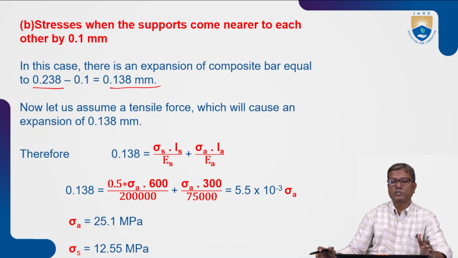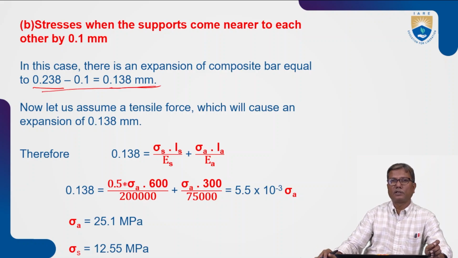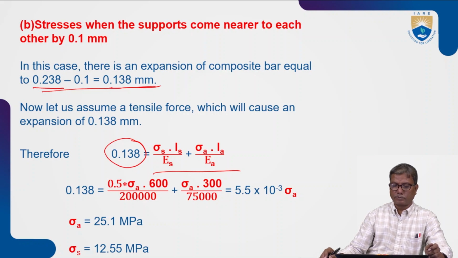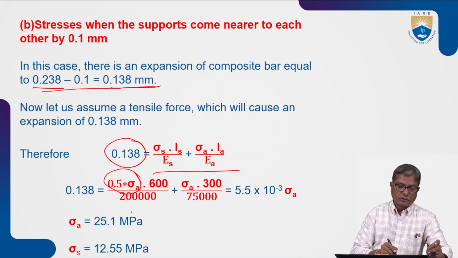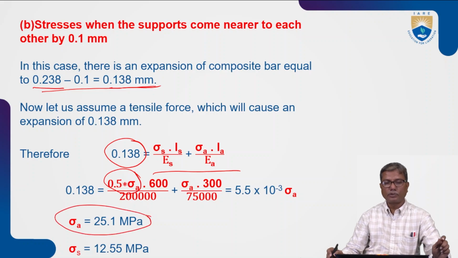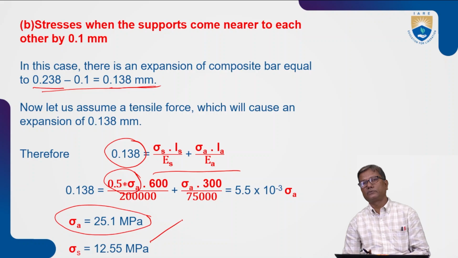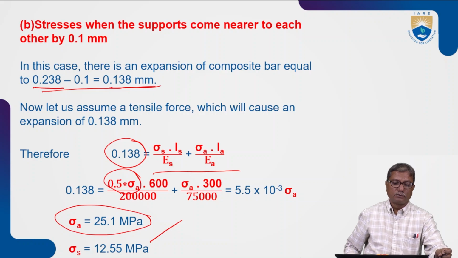As the supports come closer by 0.1 mm, the expansion is given as 0.238 minus 0.1, that is 0.138. Now that is equated to sigma s Ls by Es plus sigma a La by Ea. The remaining is same. Replace sigma s by 0.5 sigma a. So you will be getting sigma a as 25.1 megapascals and sigma s 12.55 megapascals. That's how we solve these problems.